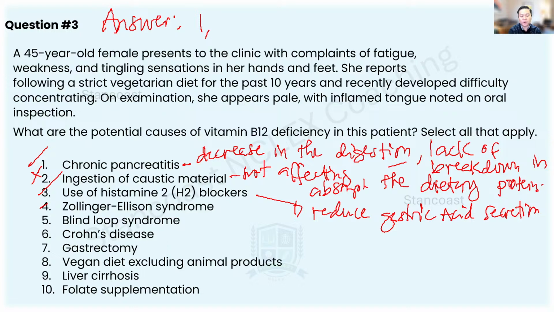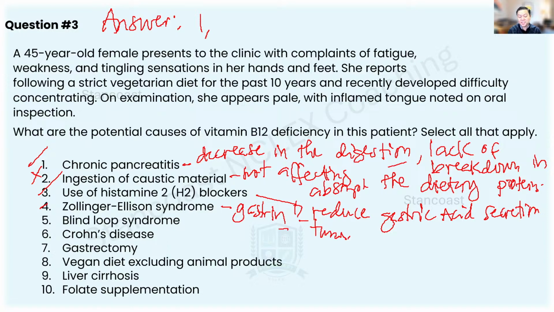What about number 4? Zollinger-Ellison syndrome. What is this? This is going to cause excessive gastric acid production. The reason for this is the disease itself, which is caused by a tumor that produces gastrin.